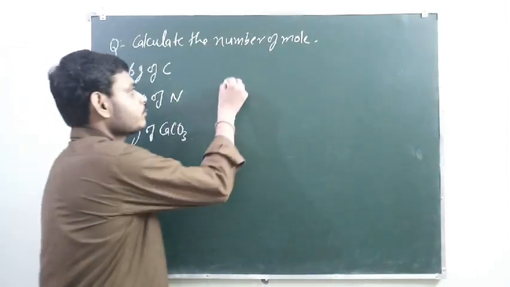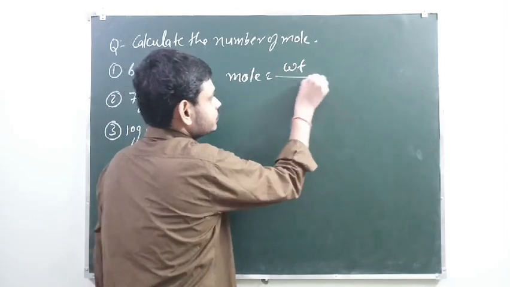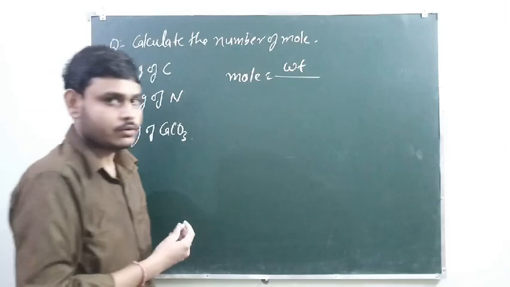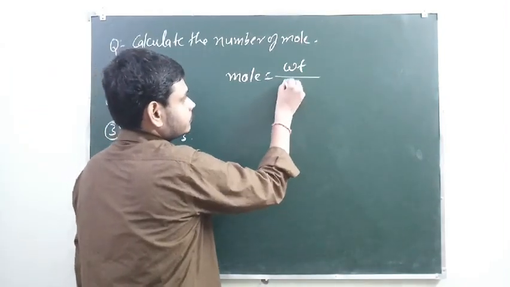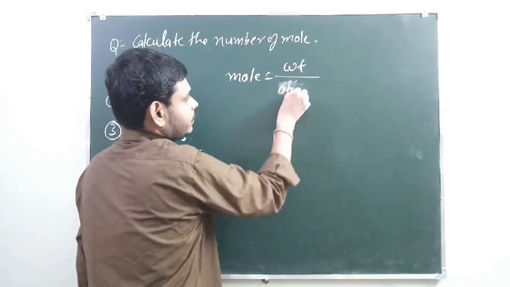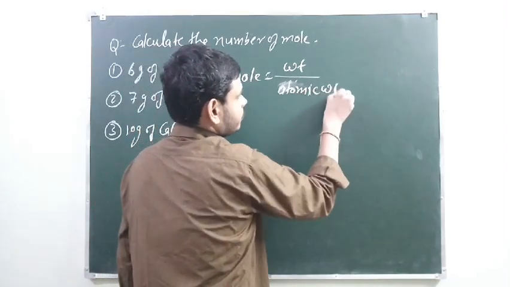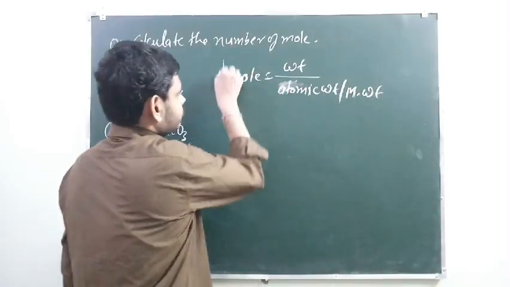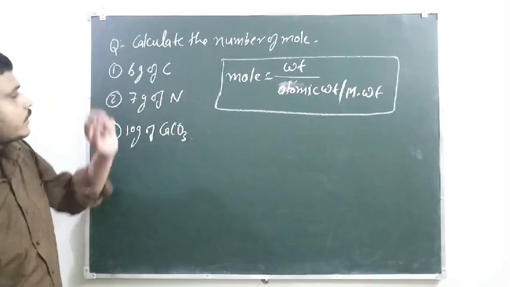We know that mole is equal to weight of solute divided by atomic weight or molecular weight. First, 6 gram of carbon.